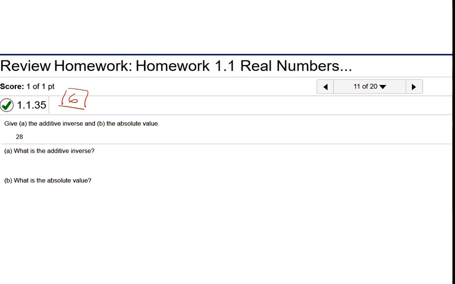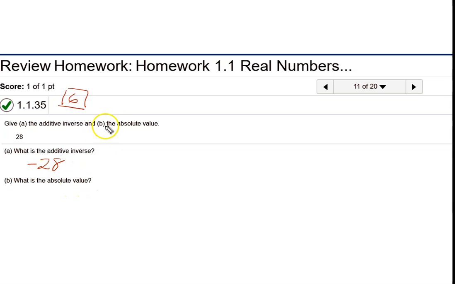Now, for example 6, we'd like you to write A, additive inverse, B, absolute value, and then take a moment to answer this, and we'll ask the questions. So the additive inverse of 28 is its opposite, -28.